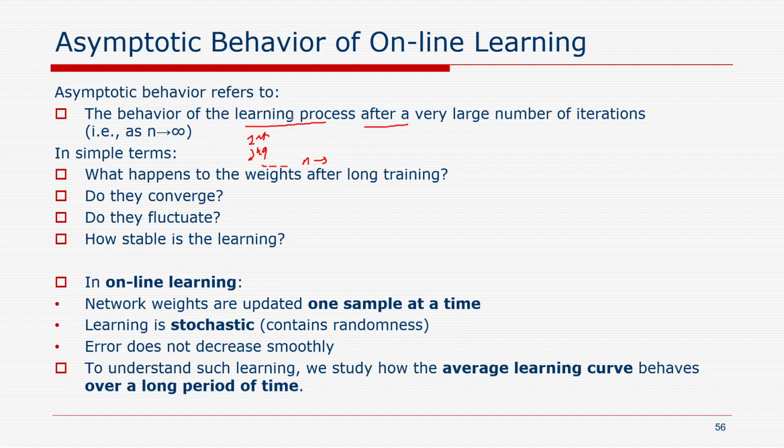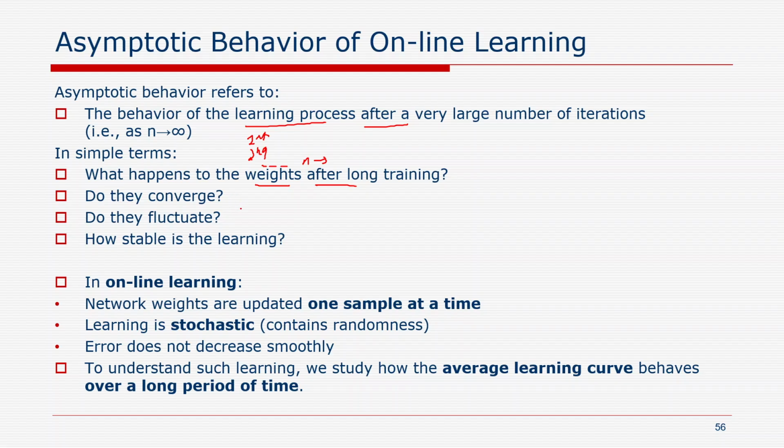In simple terms, what happens to the weights after a long training? Because we keep updating, what is going to happen? Do they converge? Will we find the optimal weights, or do they fluctuate?